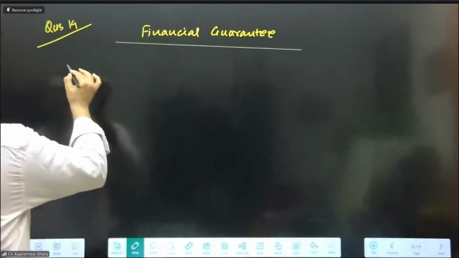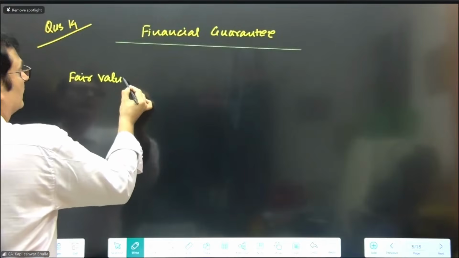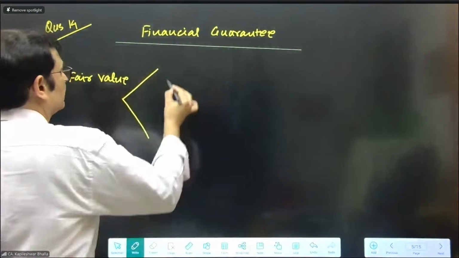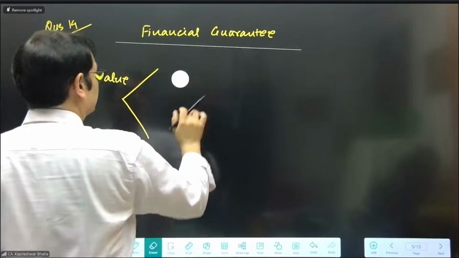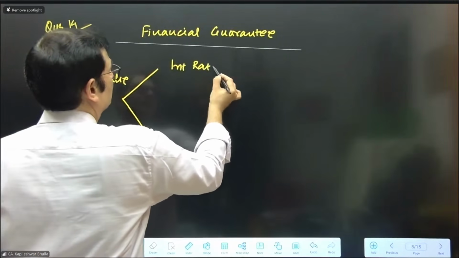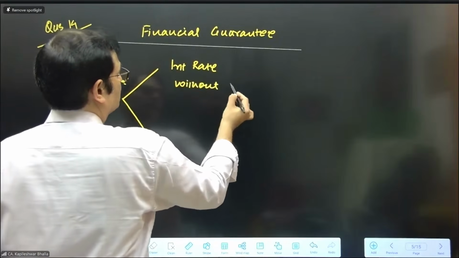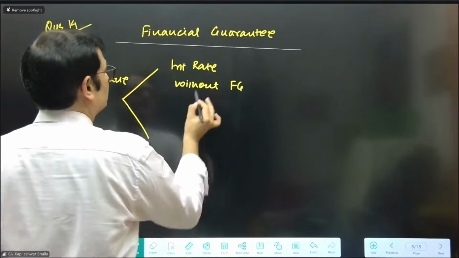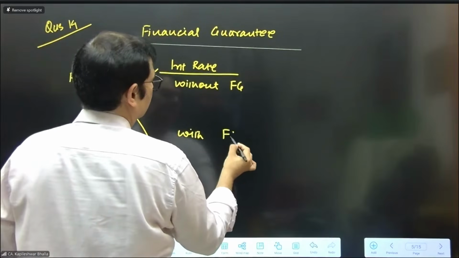So to calculate the fair value, we take the interest rate without the financial guarantee and the interest rate with the financial guarantee.